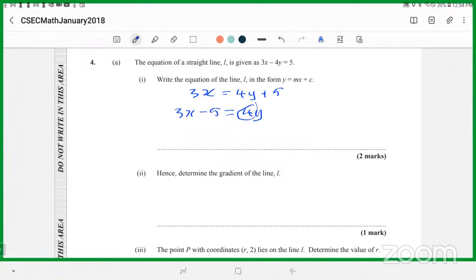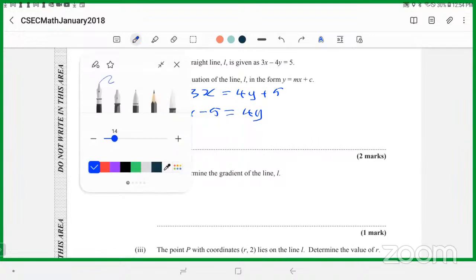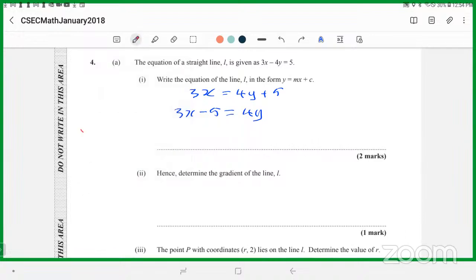Then to get rid of this 4, I need to divide through by 4, or multiply through by a quarter. Dividing through by 4 is the same as multiplying through by a quarter.